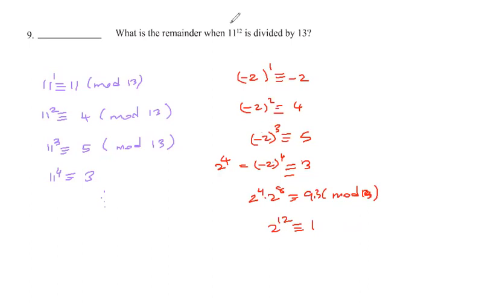Because 11, if you divide 11 by 13, like you can write 11 is congruent to 13 more than this, which is 24. So 11 and 24 are going to give us the same remainder if we divide by 13. And if I add 13 to this, you will get 37.